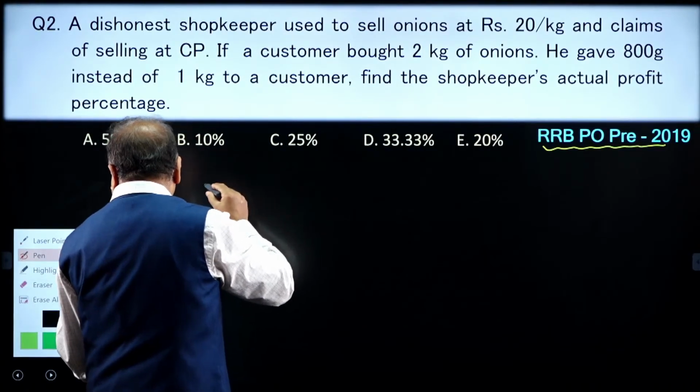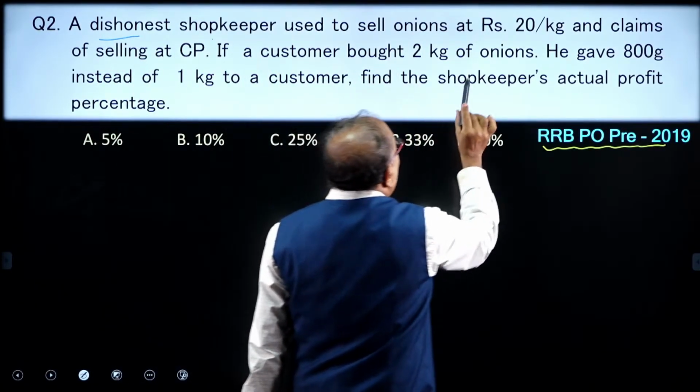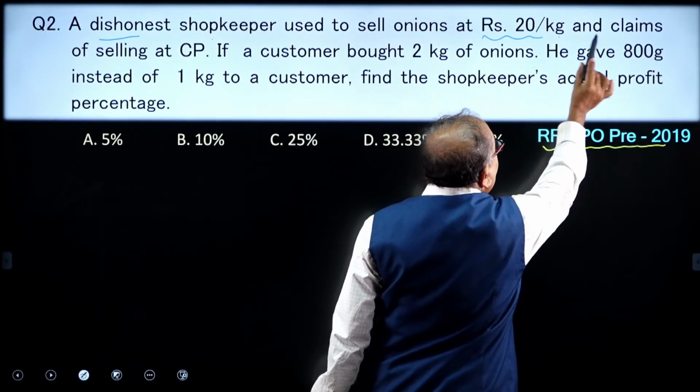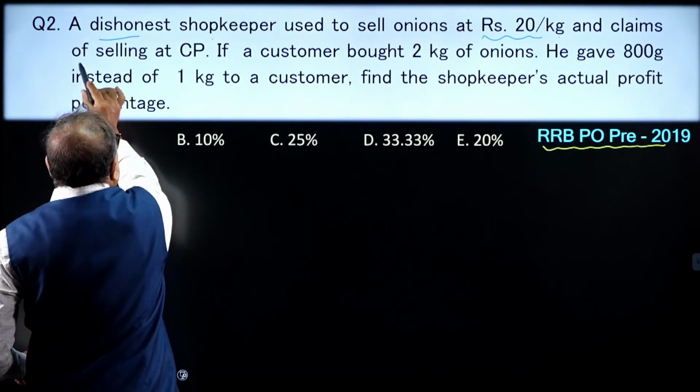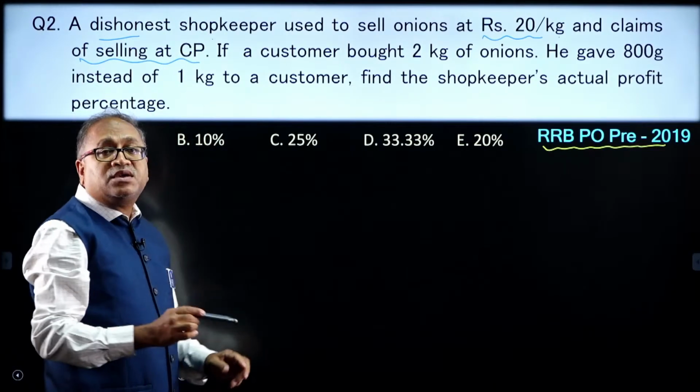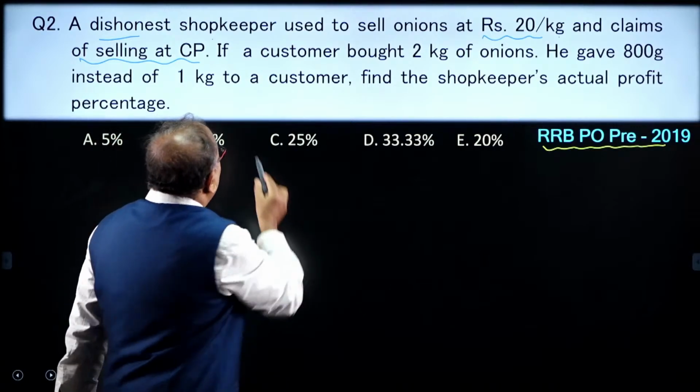The question is: the dishonest shopkeeper used to sell onion for rupees 20 per kg and claimed to be selling at cost price. He says that I am selling at the cost price, and he sells for rupees 20 per kg.